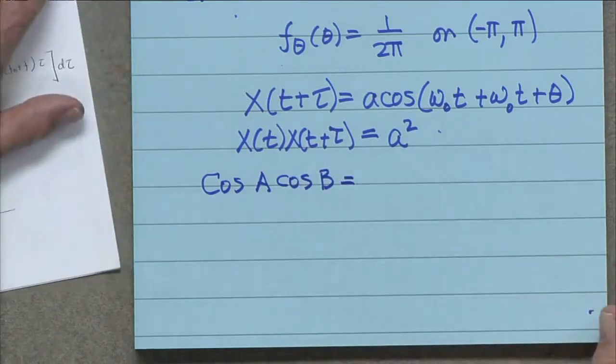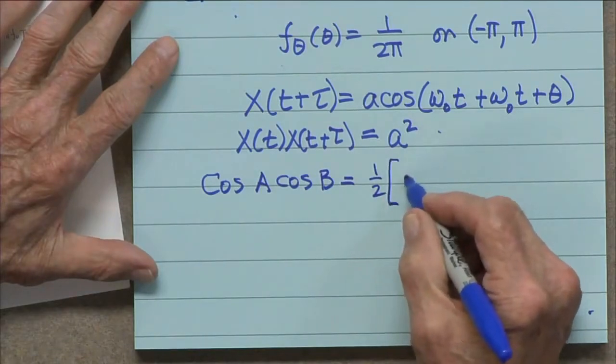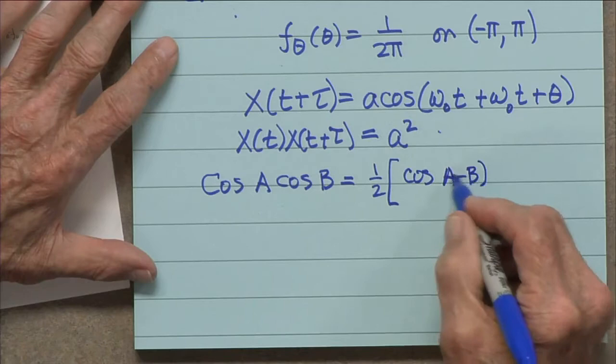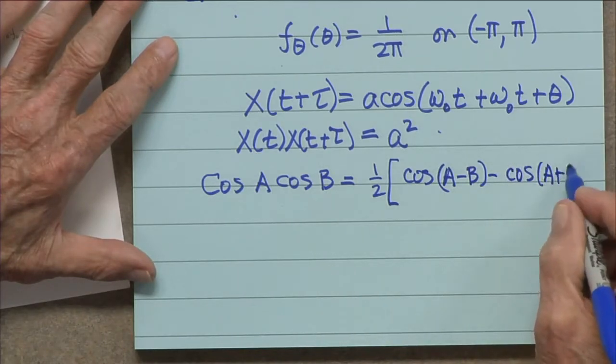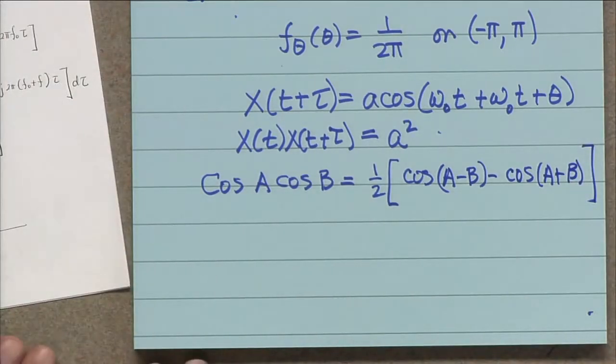is what? 1/2 cosine A minus B minus cosine A plus B. Is that right? Yes.